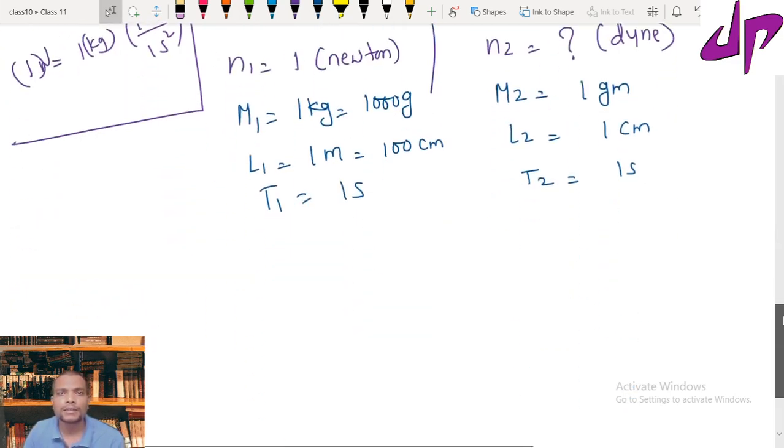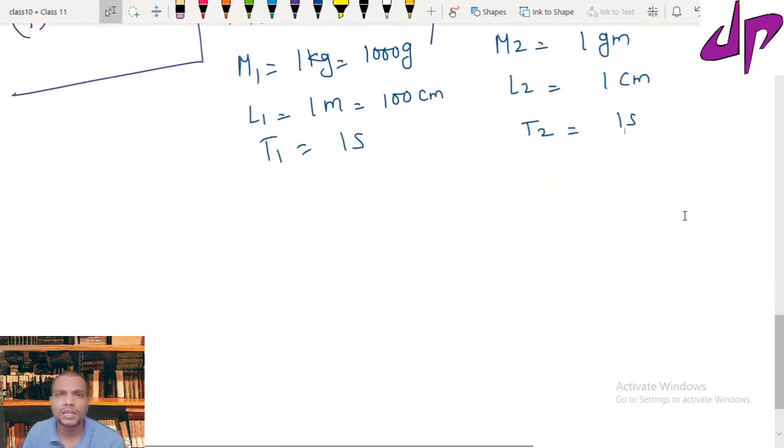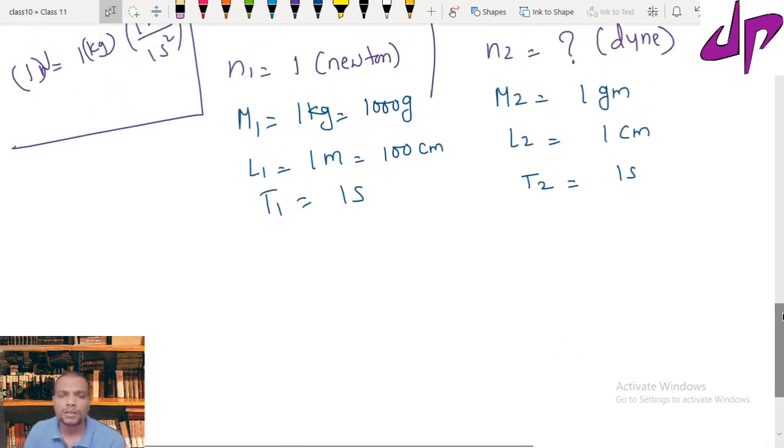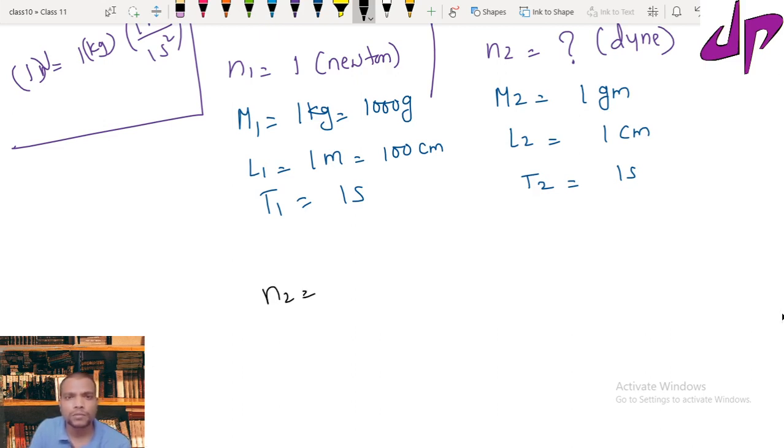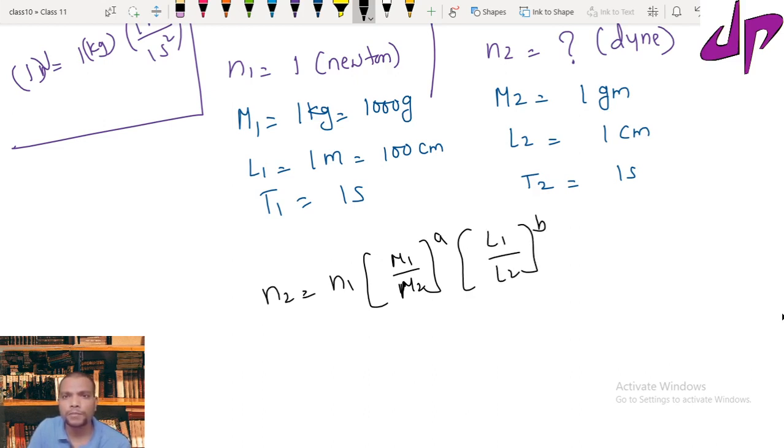Now after converting the given physical quantities in terms of the SI units and CGS units, I can apply the same formula. N2 equal to N1 of M1 by M2 whole power A, and L1 by L2 whole power B, times T1 by T2 whole power C. Now N2 equal to N1 of, you can put the M1 values.